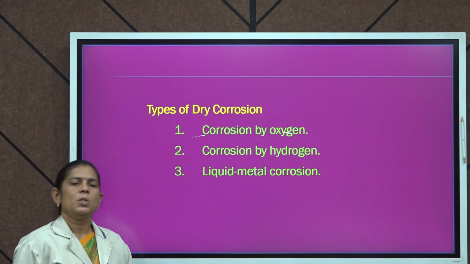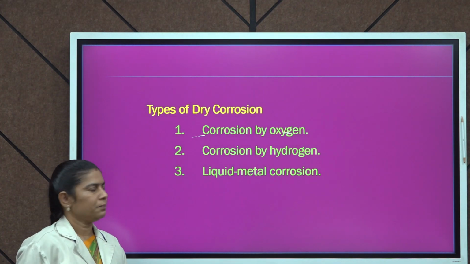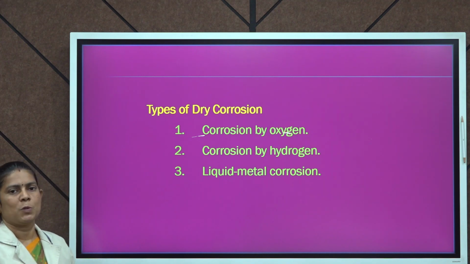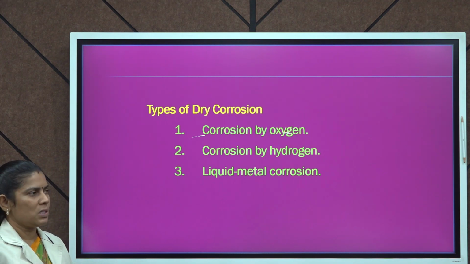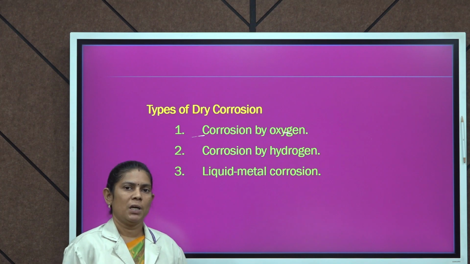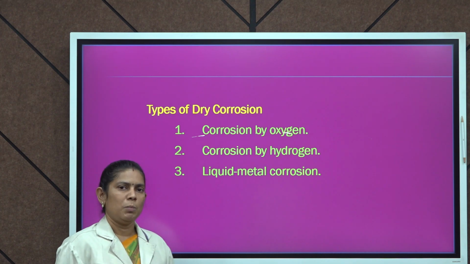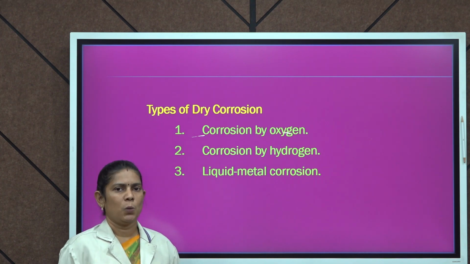And coming to the types of corrosion, there are three types. One is corrosion by oxygen, second is corrosion by hydrogen, third is liquid metal corrosion. Let's see one by one.